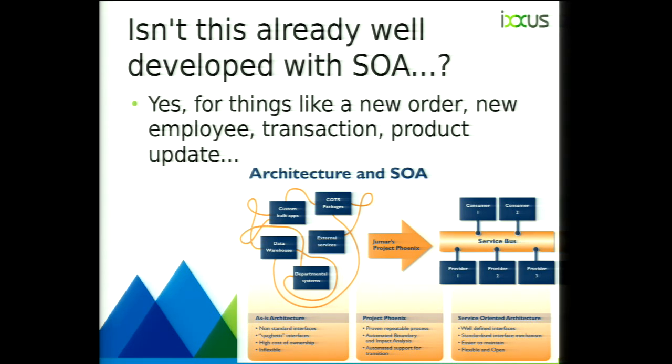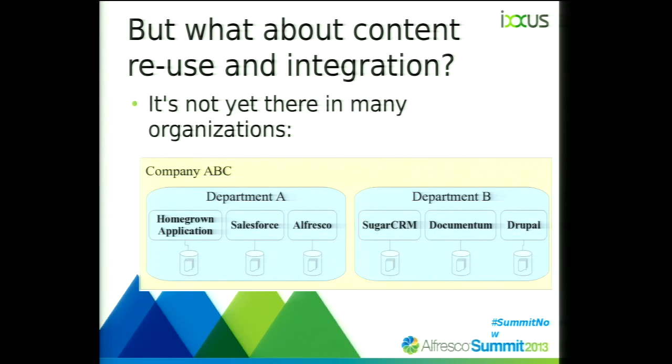It's already solved. However, if we go into the content management area, maybe you're not having as much reuse and integration as you would like. I think in a lot of companies, this is how it might look. You have different departments installing different systems to handle different types of content. I've seen it personally in almost every project. I've been in around 20 Alfresco projects, and it looks like this everywhere.